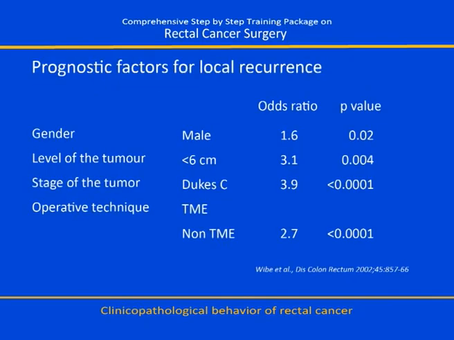The prognostic factors for local recurrence appeared primarily to be height, stage of tumour, but most of all, operative technique. This is analysing data from across Norway, and it suggests again that the surgeon's detail is the most important predictor of outcome.